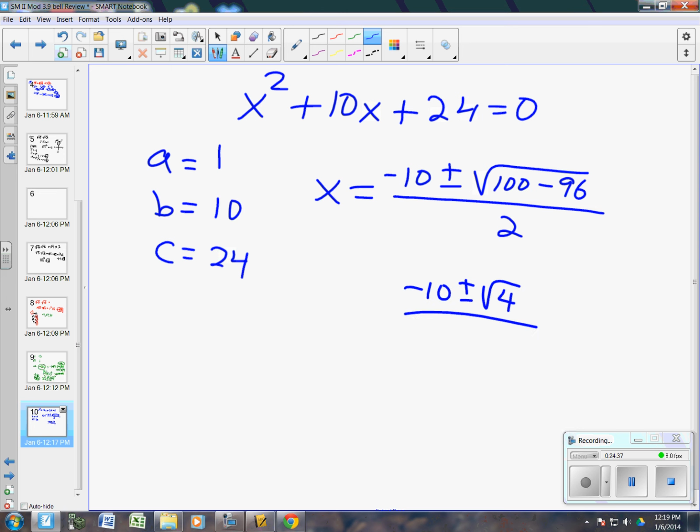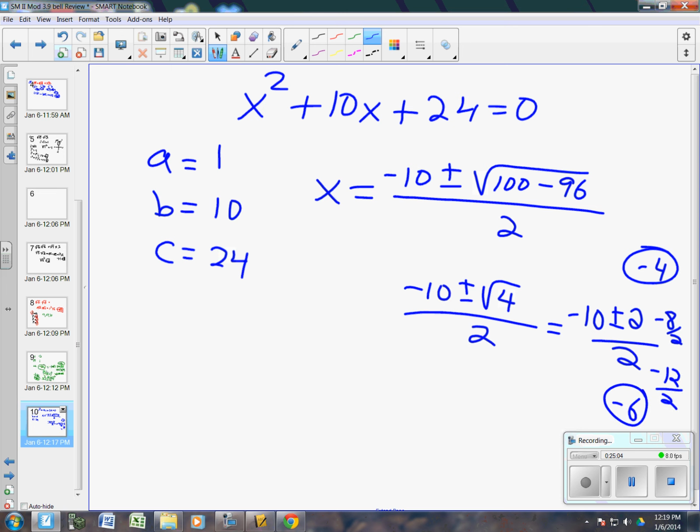And we all know what the square root of 4 is, right? The square root of 4 is 2. Now, negative 10 plus 2 is negative 8, divided by 2, which is negative 4. There's one of my solutions. Negative 10 minus 2 is negative 12, divided by 2 is negative 6. There's my other solution. My solutions would be negative 4 and negative 6.